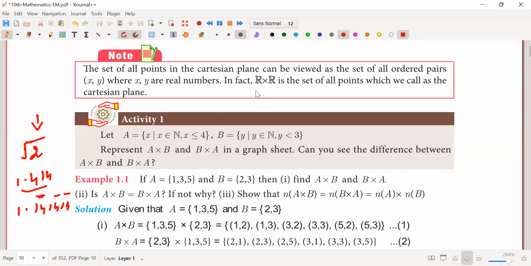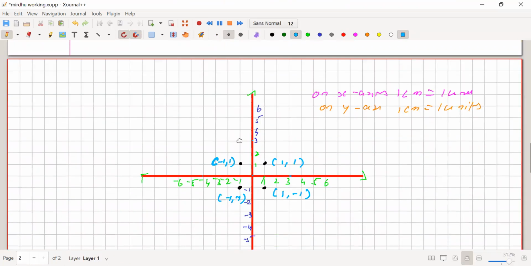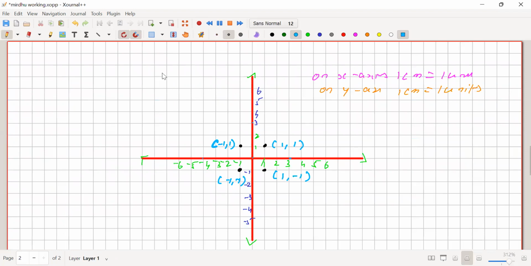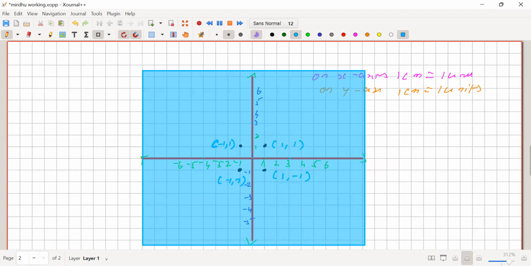It can be any set of numbers. In fact, R cross R is the set of all points, called the Cartesian plane. In this graph, it goes to infinity. R cross R would be all the points, any point whichever you say, this one, this one, this one.